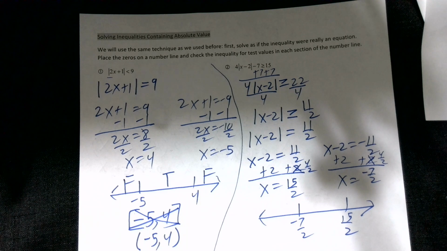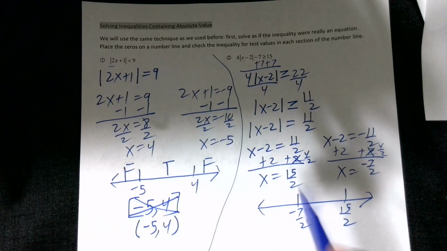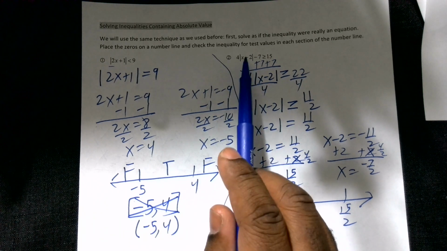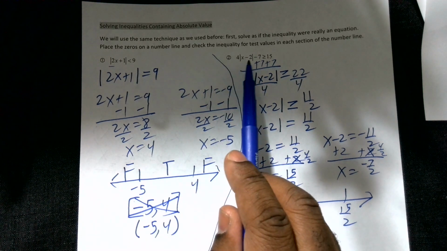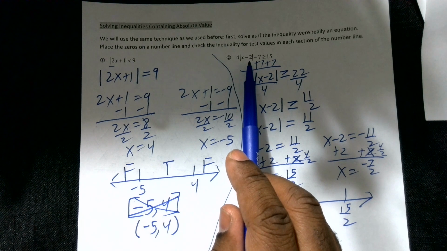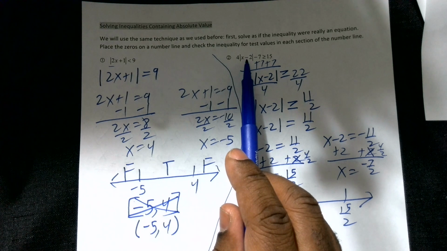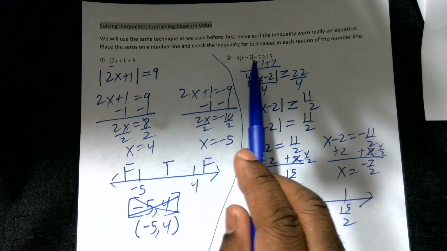Okay, now for this, to the left of negative 7 over 2, I would just use negative 4 because we know negative 4 is really negative 8 over 2. So if we go up here and put in negative 4, negative 4 minus 2 is negative 6. The absolute value of negative 6 is 6. 4 times 6 is 24, minus 7 is 17.